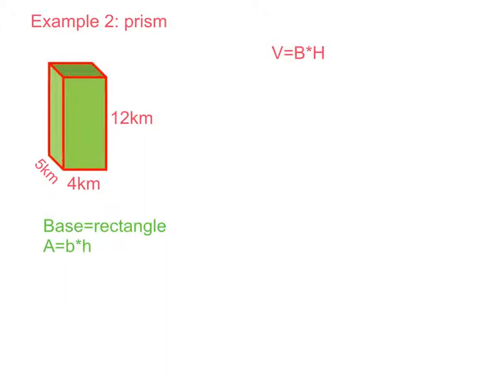Okay, so now let's adjust our equation with this new information. So now we're going to have V equals, let's do the base in blue, so it's going to be 5 times 4, and multiply all that by the height, which in this case is 12. So now it's just a matter of simplifying.